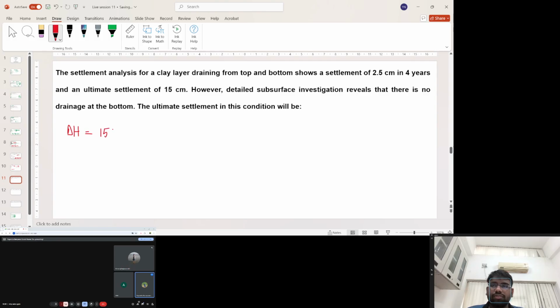So it will be 15 centimeters. In this case, ultimate settlement also will be 15 centimeters, so there will be no change. But the rate of achieving it will change based on the drainage conditions.